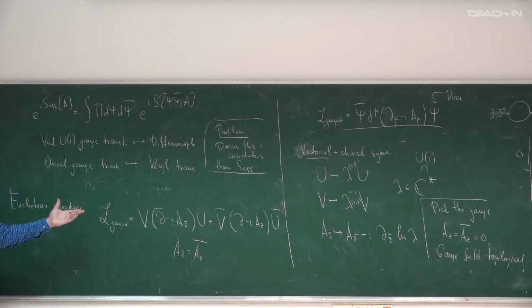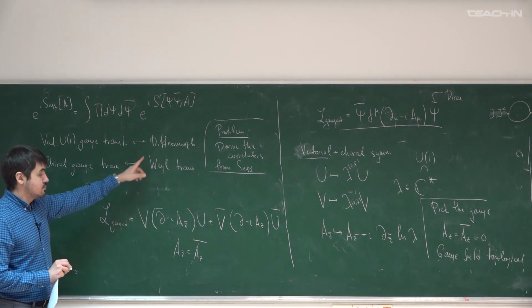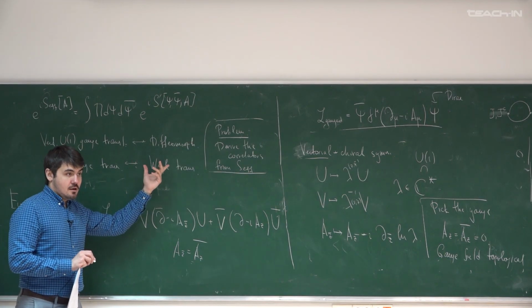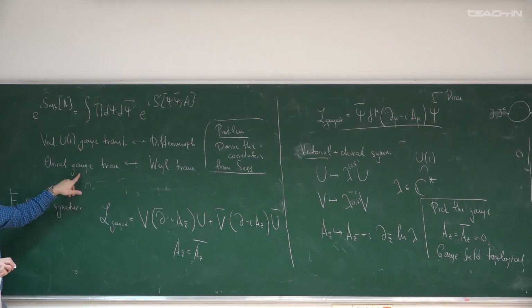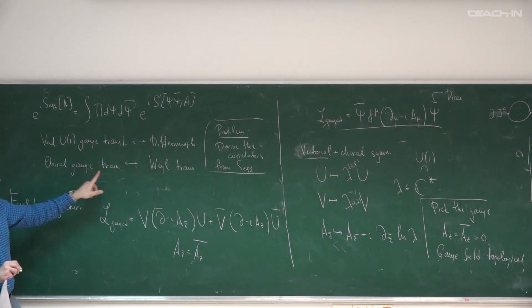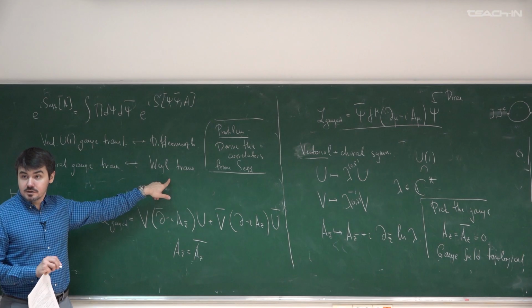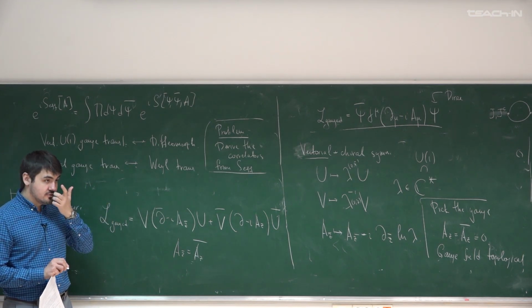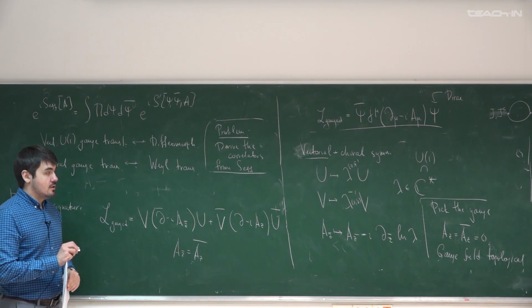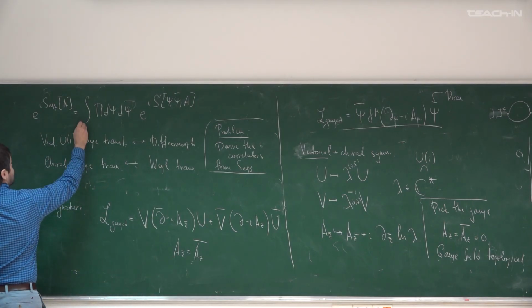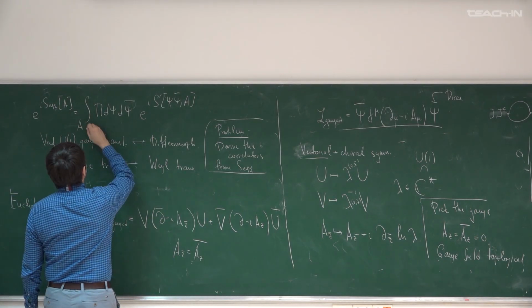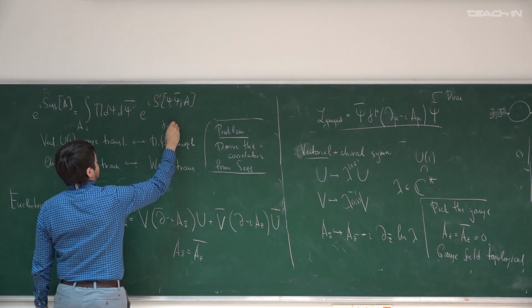Here we can quantize the theory in such a way as to preserve the vectorial U(1) symmetry, and in the gravitational case, we can preserve diffeomorphism invariance. But in general, one might not be able to preserve chiral gauge transformations if there is a chiral anomaly. Similarly, there will be a Weyl anomaly corresponding to the non-preservation of Weyl symmetry. This is the gauge part, A, and this is A alpha, and this is gamma alpha beta.